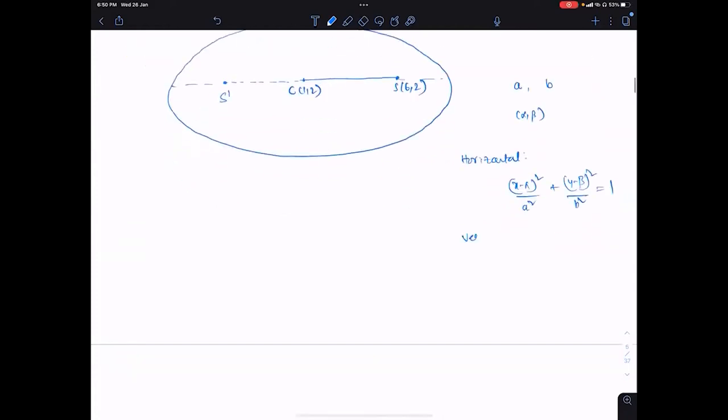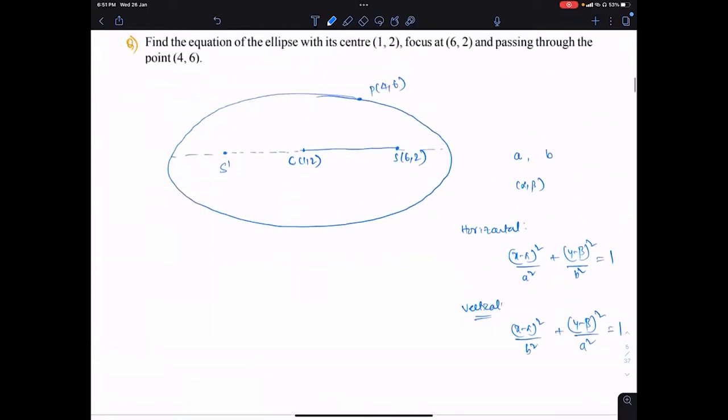If it is a vertical ellipse, then the equation will be x minus alpha whole square by b square plus y minus beta whole square by a square equals 1. Now this is a horizontal ellipse. Below x square, whatever is there will be more, that is a square. So a and b we need to find.